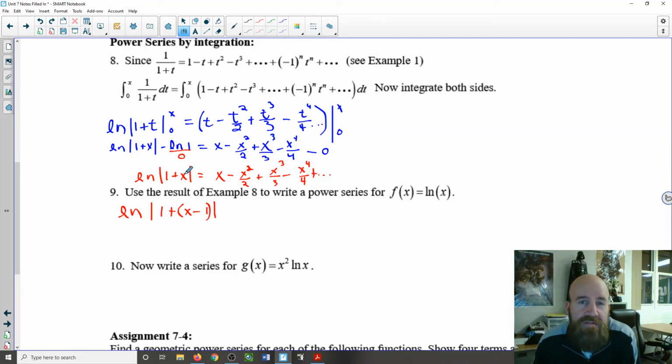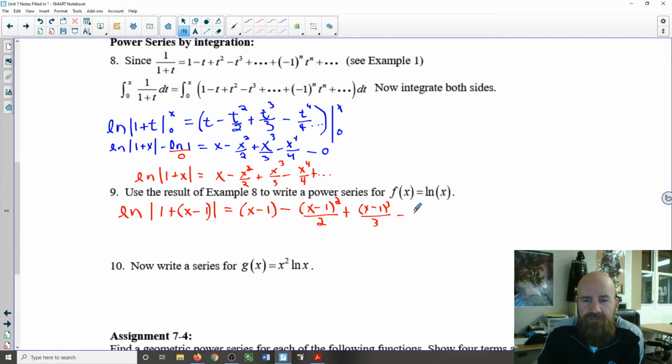So now our input is not x, it is x minus 1. So we can go ahead and throw in x minus 1 for all of our inputs. So that first term turns into x minus 1 minus x minus 1 squared over 2, and so on. x minus 1 to the third over 3, and x minus 1 to the fourth over 4.